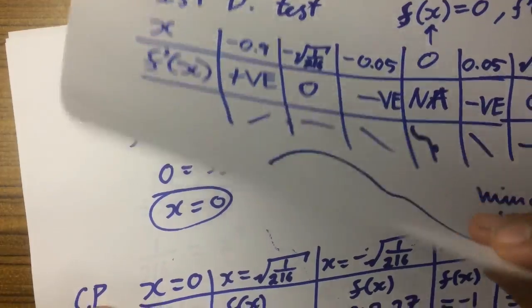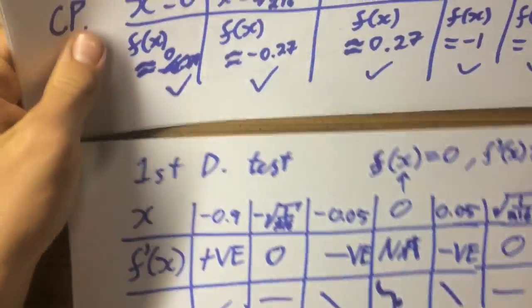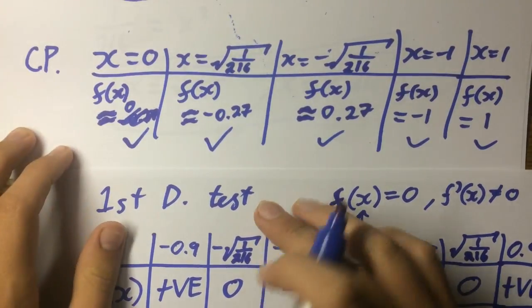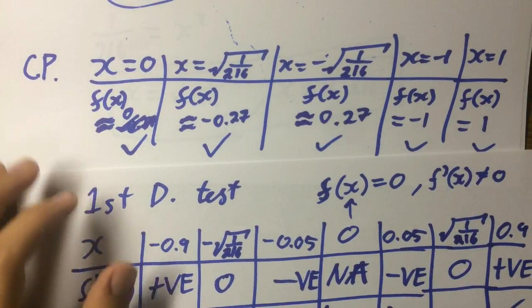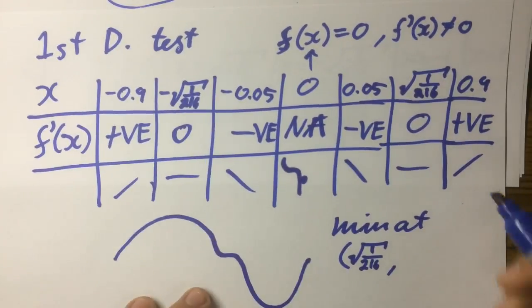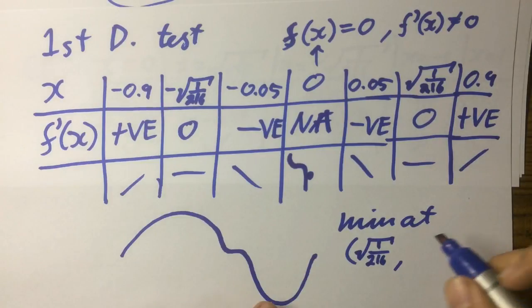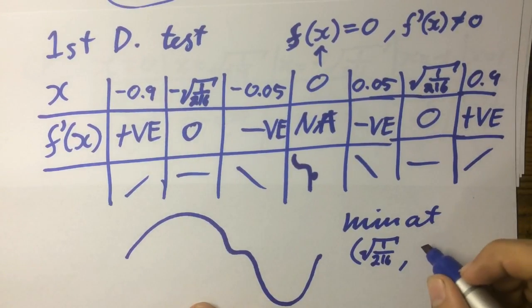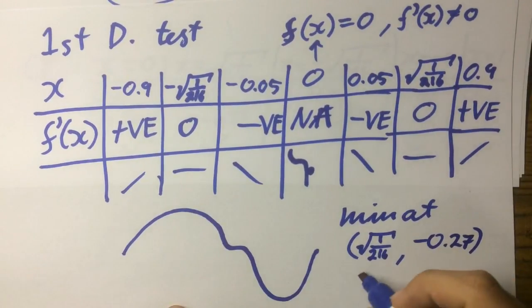And what's the function value for that? That's negative 0.27, or roughly around there.